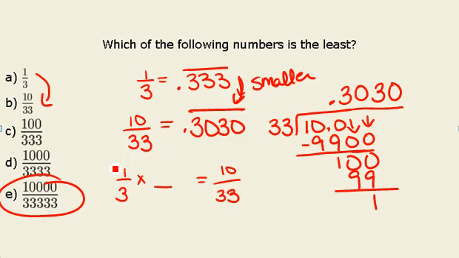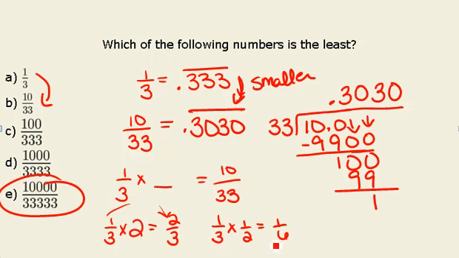If I multiply 1/3 by something less than 1 and greater than 0, I'm going to get something that's less than 1/3. For example, if I took 1/3 times 2, I would get 2/3, which is greater number than I started with. But if I took 1/3 times 1/2, notice 1/2 is less than 1, then I get 1/6, which is something less than my first factor.